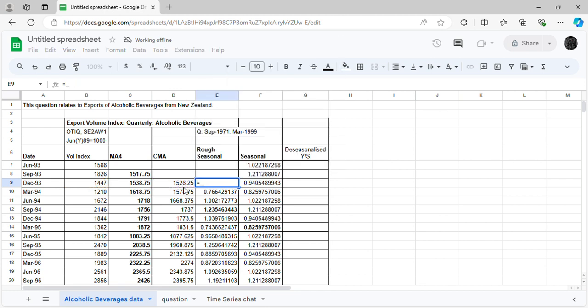Divide the observed value by the centered moving average. And we do the same for the rest of the cells.